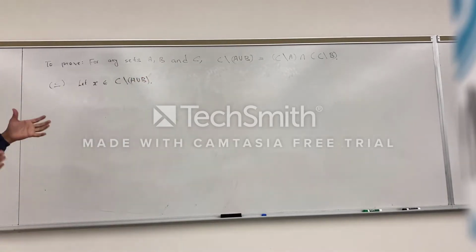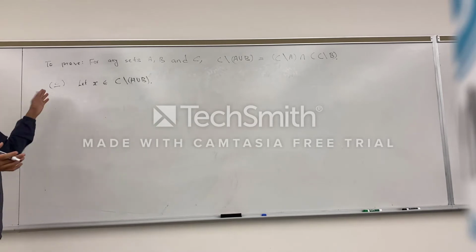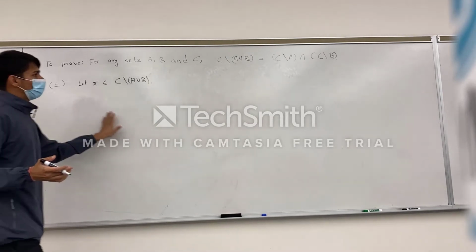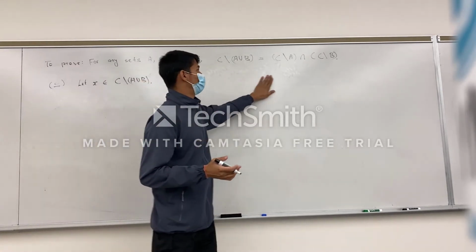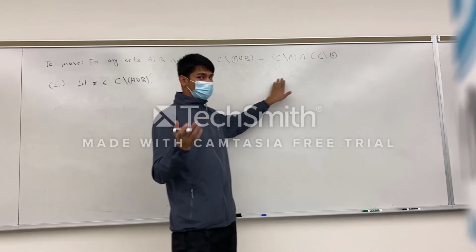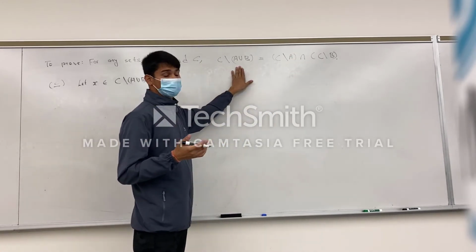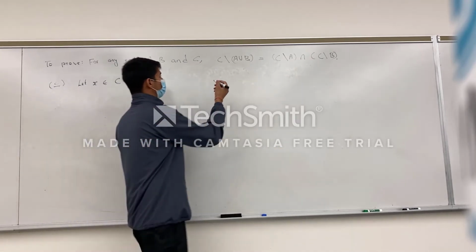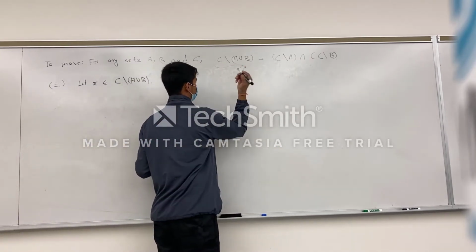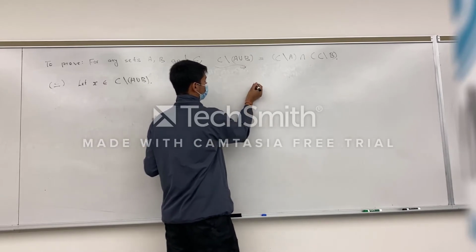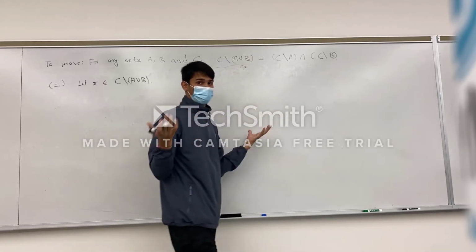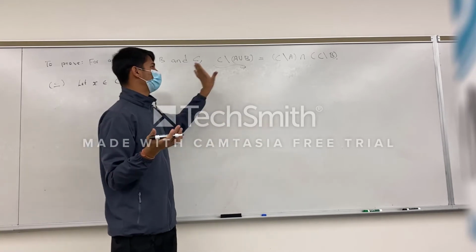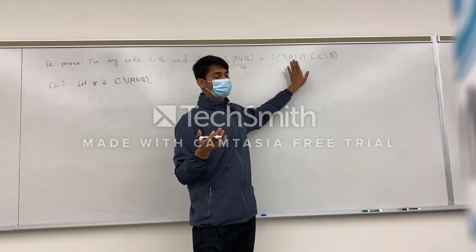Now let's talk about what it means that we are proving a subset. If we are proving this first part is a subset of the second part, we have to show that any element that exists in the first part also exists in the second part. Basically, whatever this side has, the other side also should have.